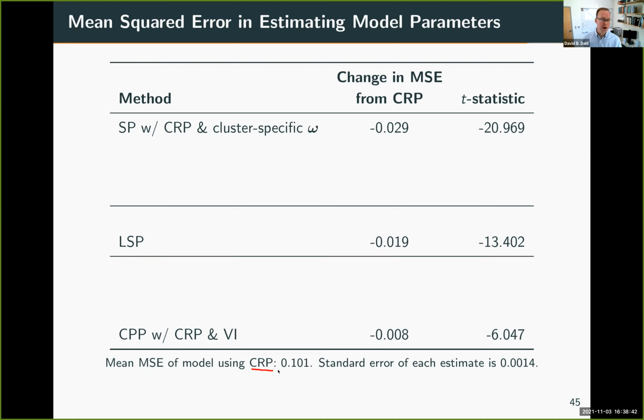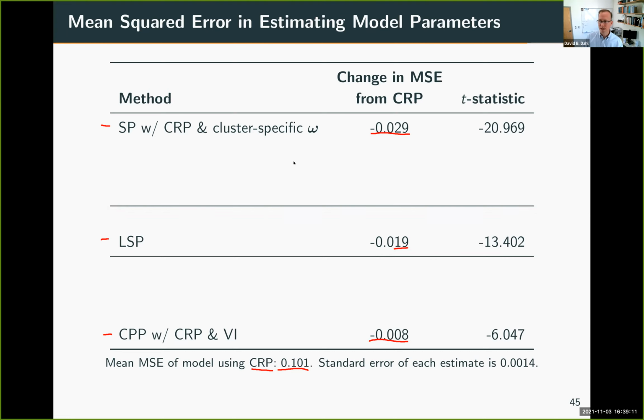We compute the mean square error and find the mean square error under the CRP is 0.101. Then these methods that we're comparing here today are an improvement over the CRP, and the degree to which we improve is indicated here. The shrinkage partition distribution does better than the LSP, and substantially better than the CPP.